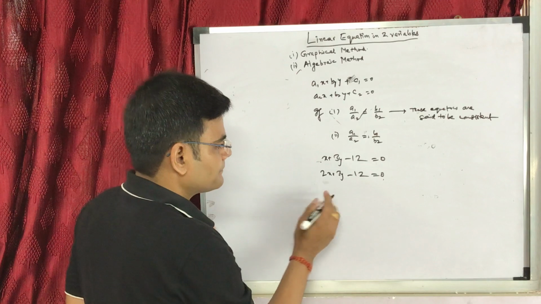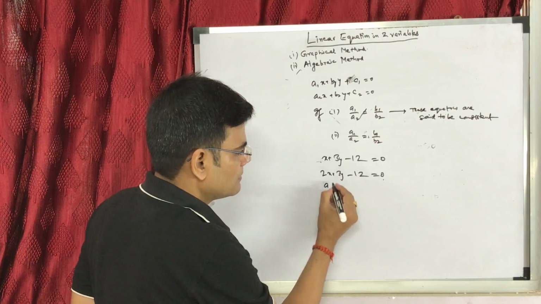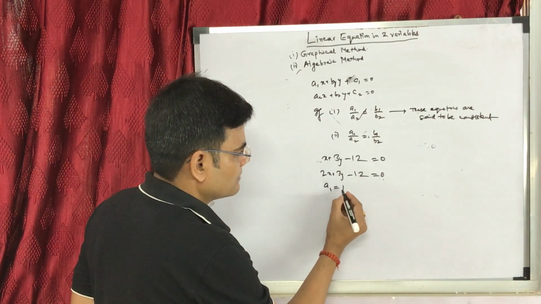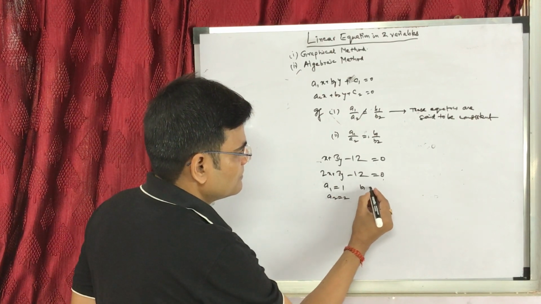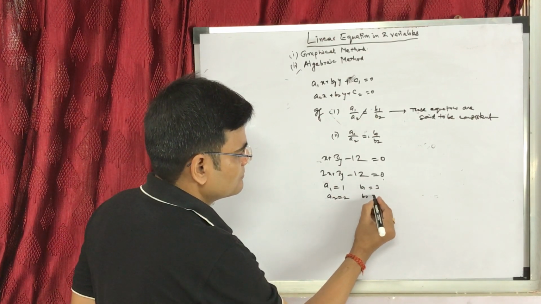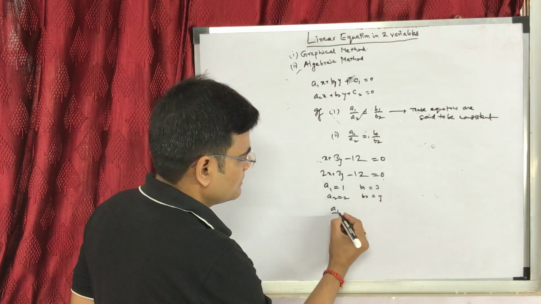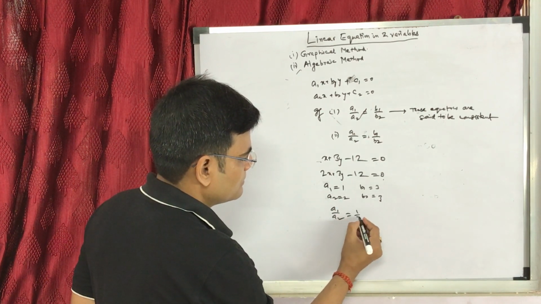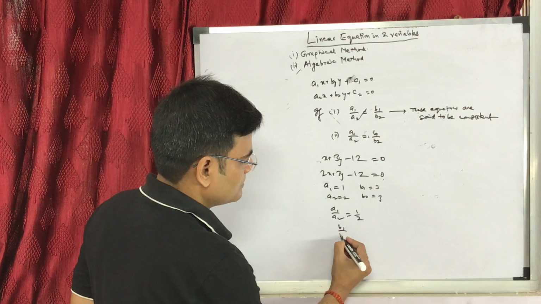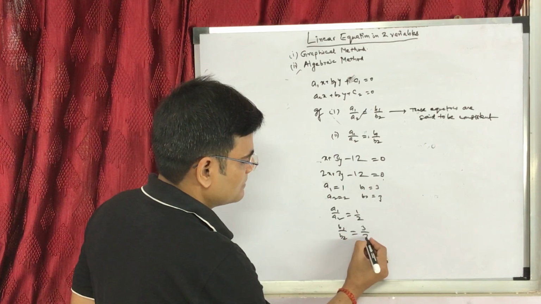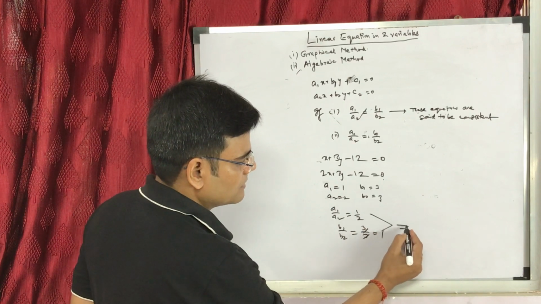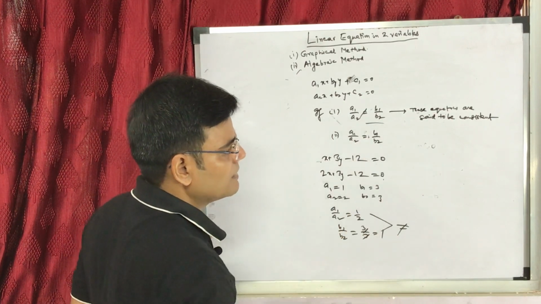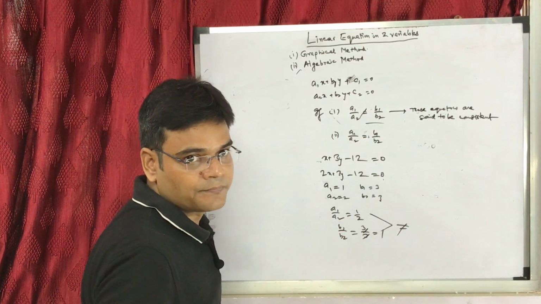So a1 is 1, a2 is 2, b1 equals 3, b2 is equal to 3. So a1 by a2 is 1 by 2. b1 by b2 is 3 by 3 equals 1. So are they equal? No, they are not equal. So they are consistent, and you will get a solution.